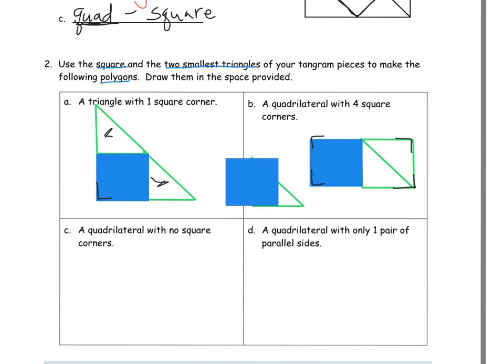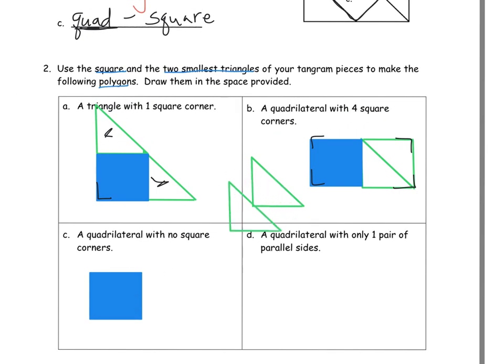Taking a look at the next one, which is C. A quadrilateral with no square corners. So I need a 4-sided shape with no square corners on it. So I'm going to try to get a little crafty here. I got to flip these triangles around.